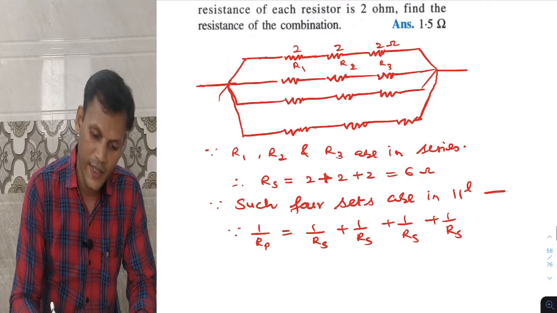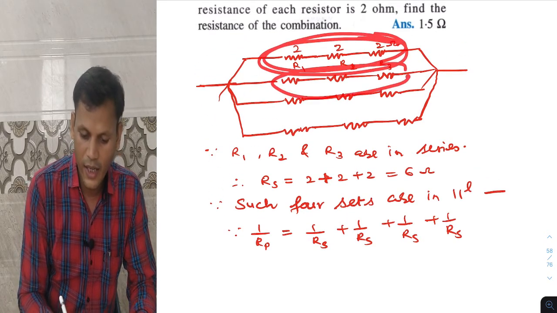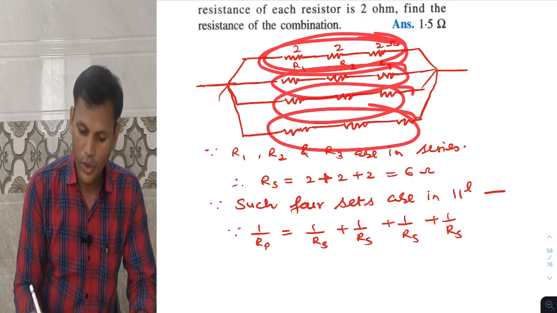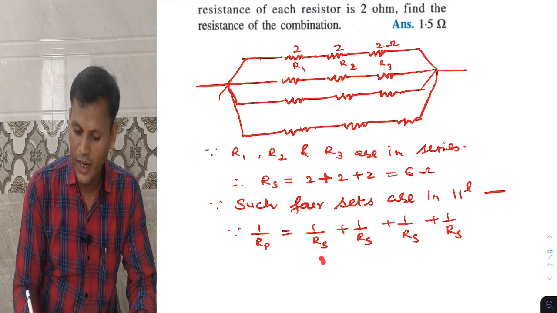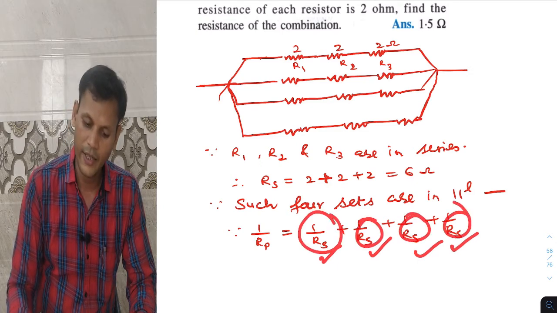So 1 by Rs, 1 by Rs, how many are there? 1, 2, 3, 4. So add all.